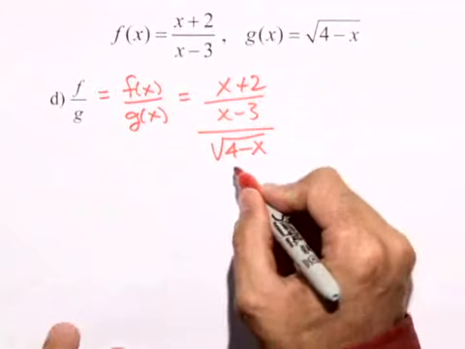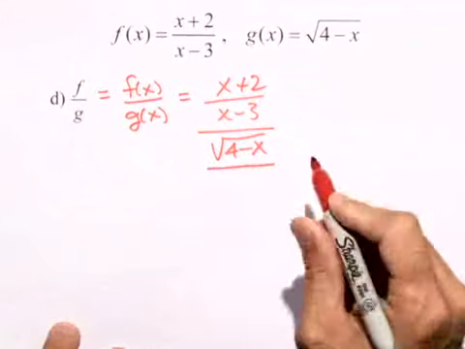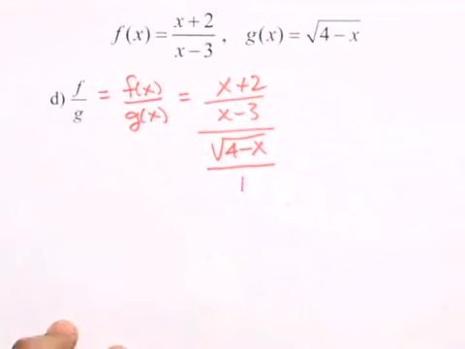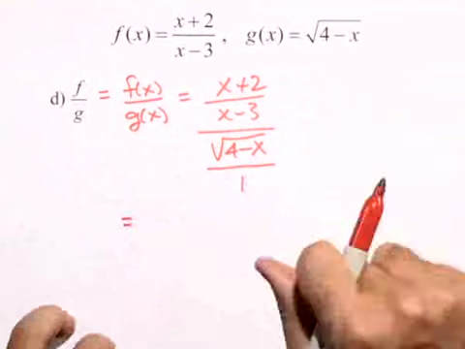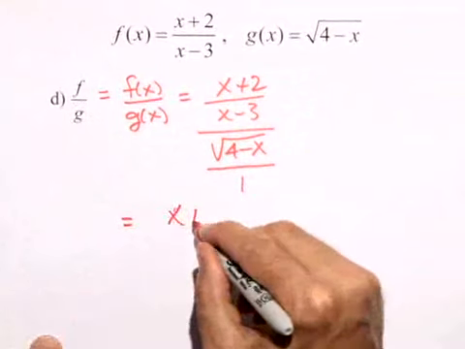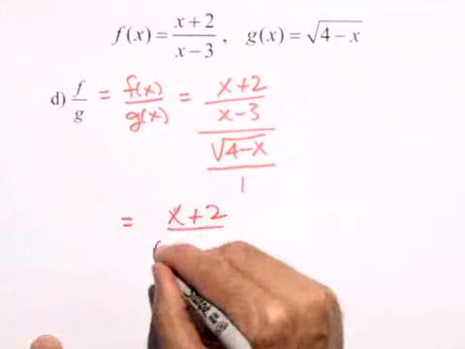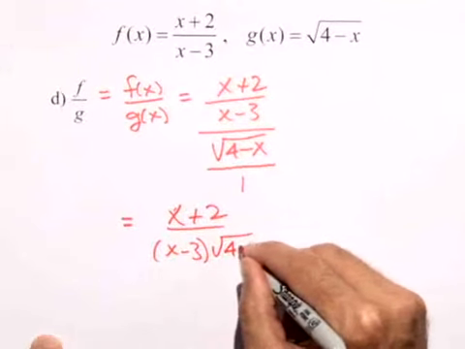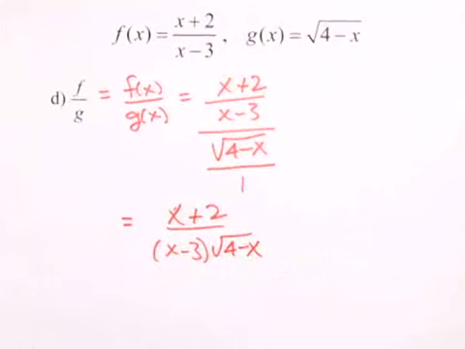Now, if we want, we can clean that up a little bit. We could certainly write the square root of 4 minus x as the square root of 4 minus x over 1. And then we can invert and multiply, getting x plus 2 over the quantity x minus 3 times the square root of 4 minus x.